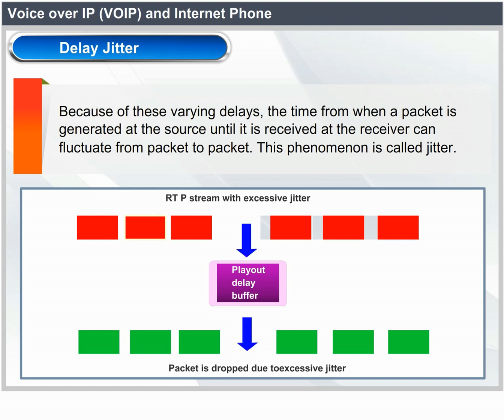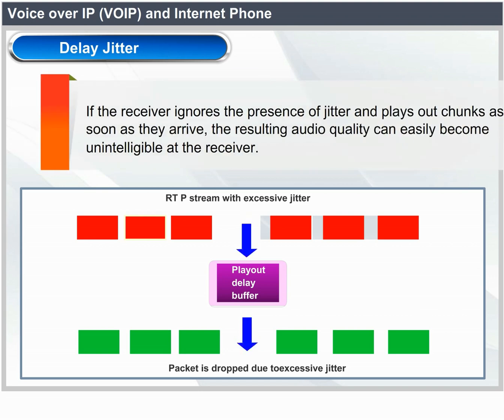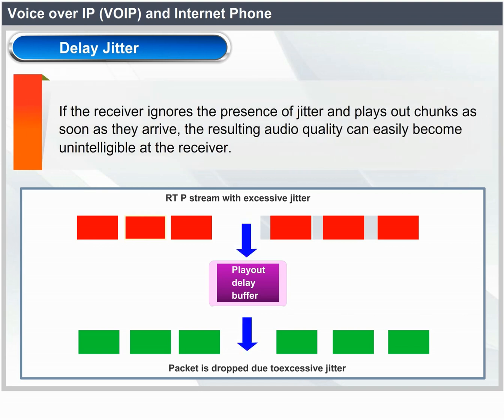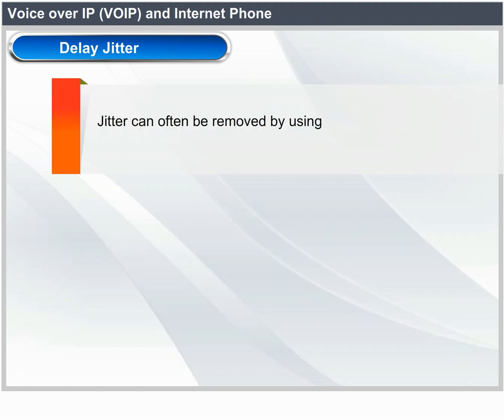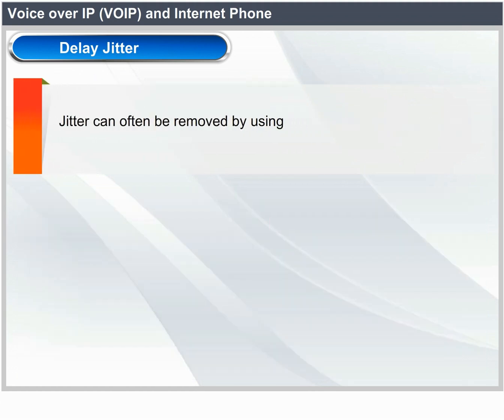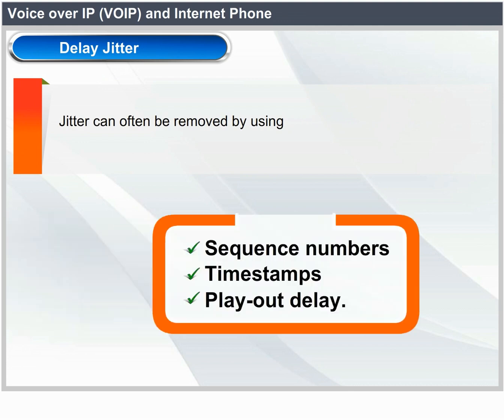This phenomenon is called jitter. If the receiver ignores the presence of jitter and plays out chunks as soon as they arrive, then the resulting audio quality can easily become unintelligible at the receiver. Jitter can often be removed by using sequence numbers, timestamps, and playout delay.